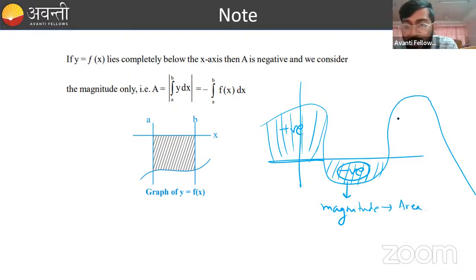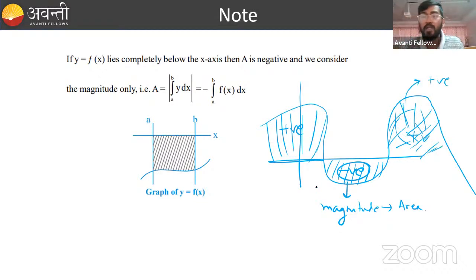And here also, if the graph is above the x-axis, the area, after integration, will be a positive value. So whenever you are integrating a function, for the parts where the function is above the x-axis, it returns a positive value, and for the part below the x-axis, it gives us a negative value.